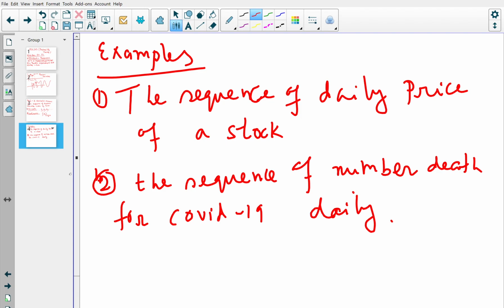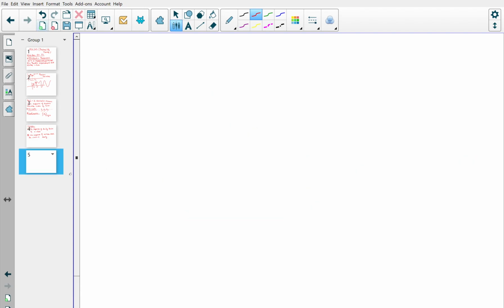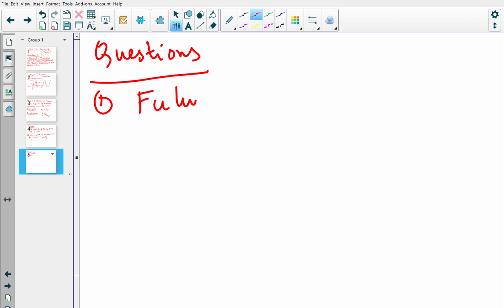And now, what are the questions you generally study in stochastic process? There are three types of questions generally studied. You can ask what about the future dependencies?